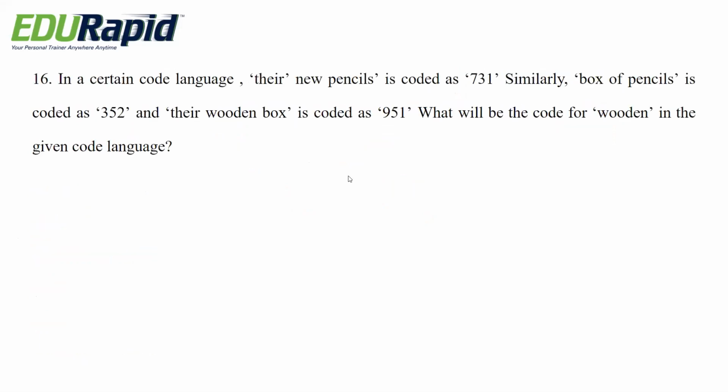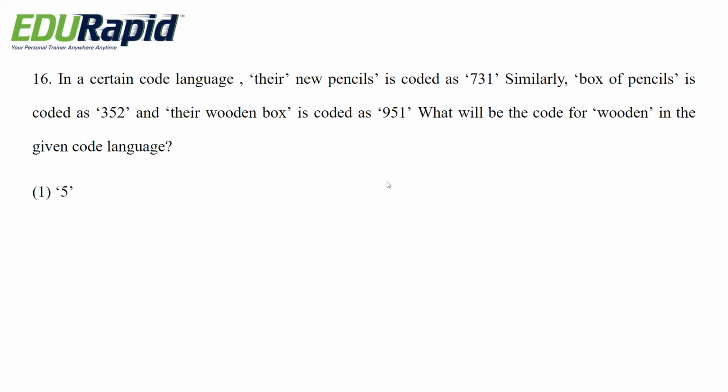Next question in the same pattern. Their new pencils is coded as 731. Similarly, box of pencils is coded as 352 and their wooden box is coded as 951. So what will be the code for wooden in the given code language?